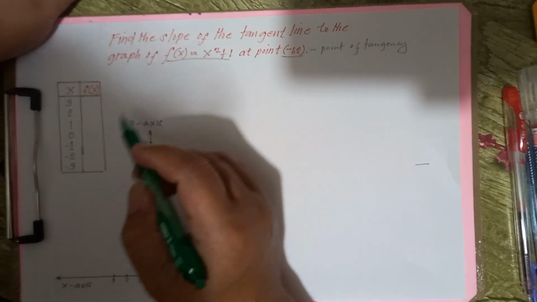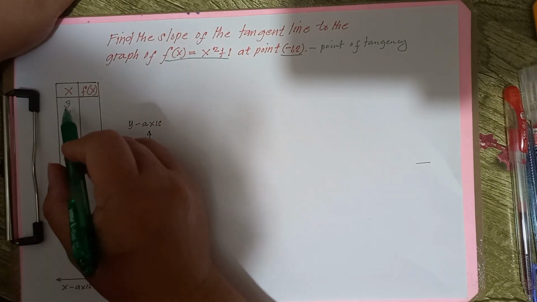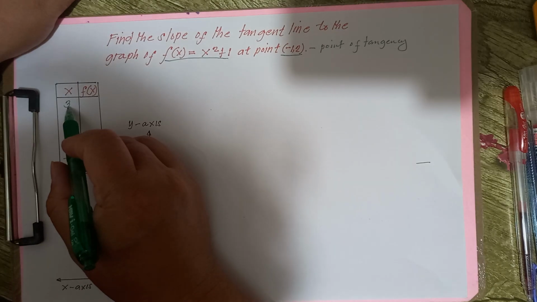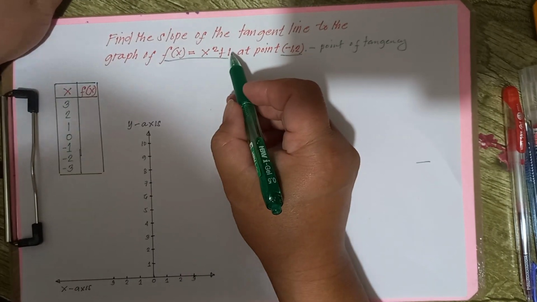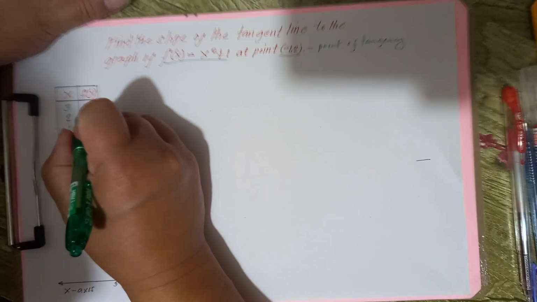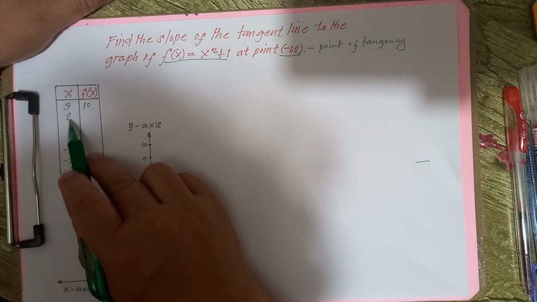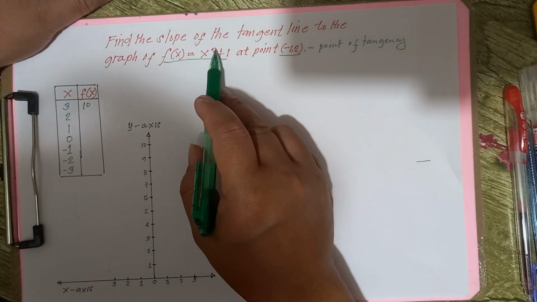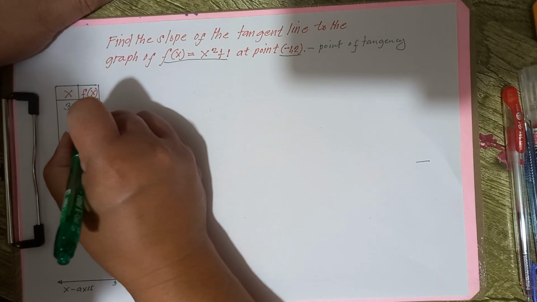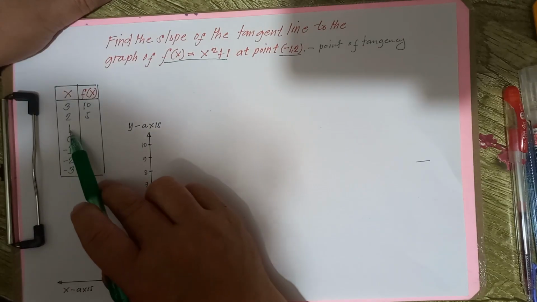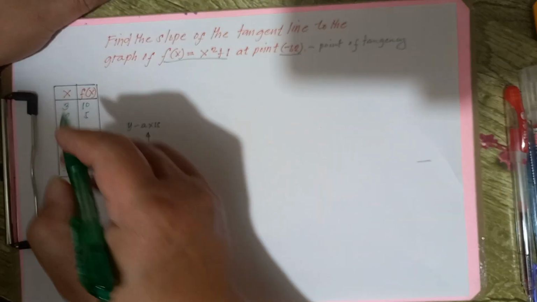Now let's try to see the result of f of x if your x is 3. That is 3 raised to 2, that is 9 plus 1, that is 10. If your x is 2, then that is 2 raised to 2 is 4 plus 1, that must be 5. If your x is 1, that is 1 raised to 2 plus 1, that is 2.